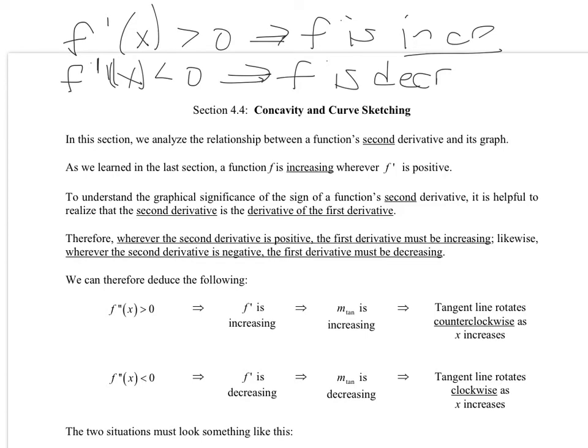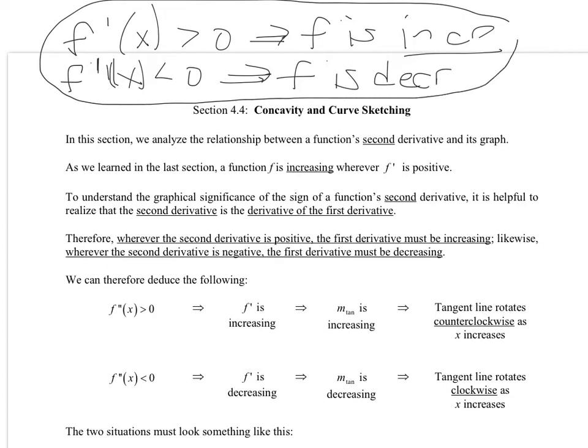Okay, so now let's move on and consider the function's second derivative. To do that, we want to think about the relationship I just reviewed between the function f and its first derivative, f prime of x.